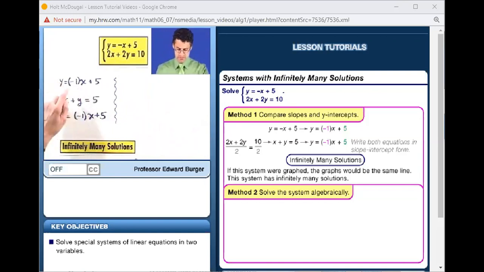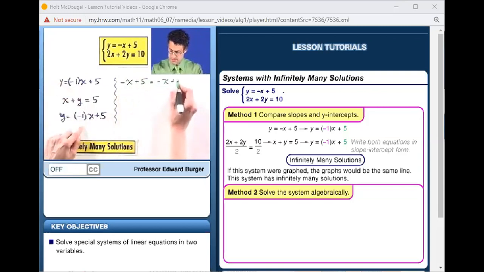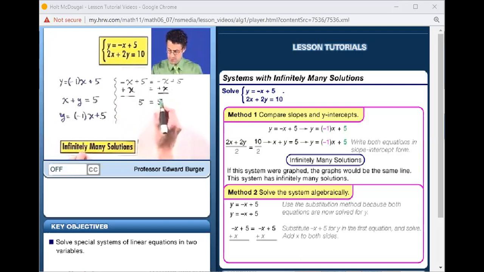So if I set these two equal, I see -x plus 5 equals -x plus 5. If I add x to both sides, to bring that x over to this side, oops, sorry. Then I'm left with 5 equals 5.